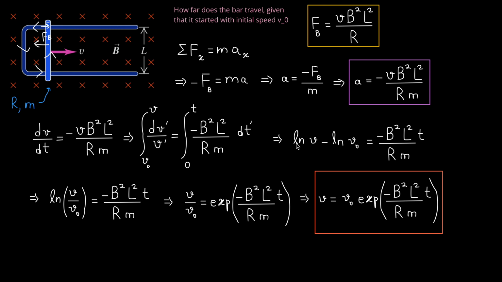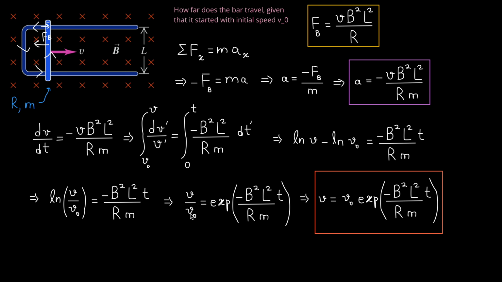Next, I use the property of natural log to simplify the left hand side of my equation: ln v minus ln v0 is equal to ln of the fraction v divided by v0. And then in the next line, I take the exponential of both sides to get rid of ln, because I'm trying to isolate v, which is on the left hand side.